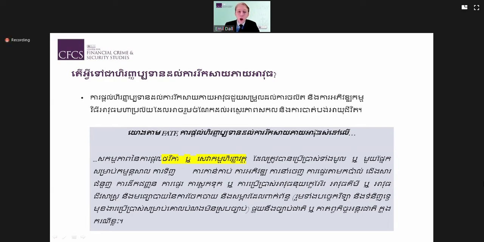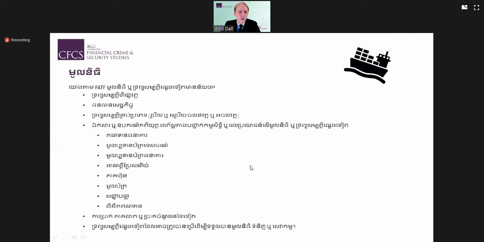Actually, the definition of what funds and financial services covers is a lot broader at the FATF level. So on the next slide, you will see an overview of the FATF's definition of funds and other assets. And I will say this is paraphrased. So if you want the precise definition, you need to look on FATF's website.